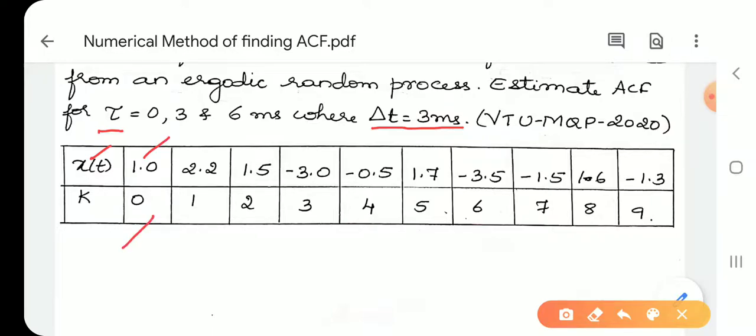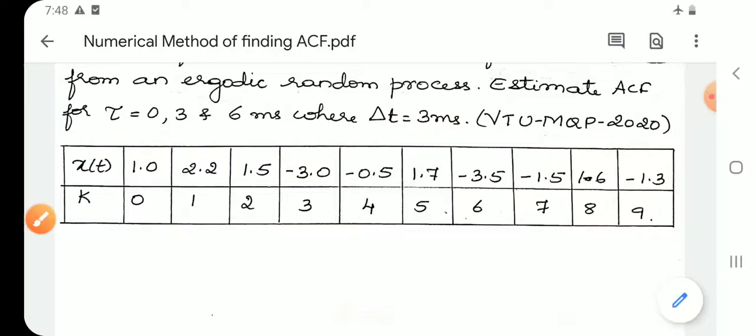After a time interval of 3 minutes it is 2.2, k is 1. Again after an interval of 3 minutes it is 1.5, the value of k is 2. In a similar way, at a time interval of 3 minutes the values of x of t and k are given.